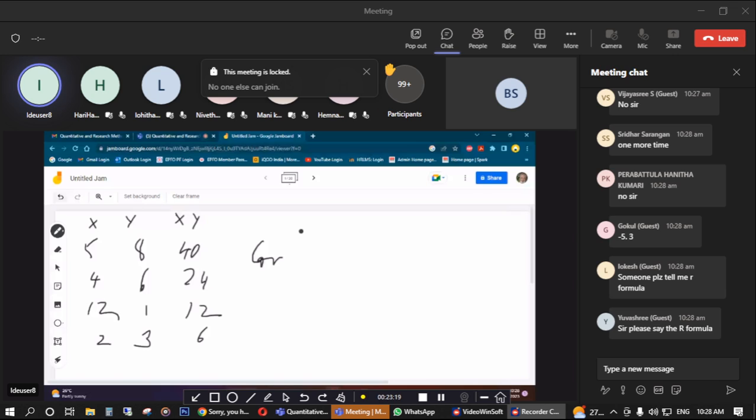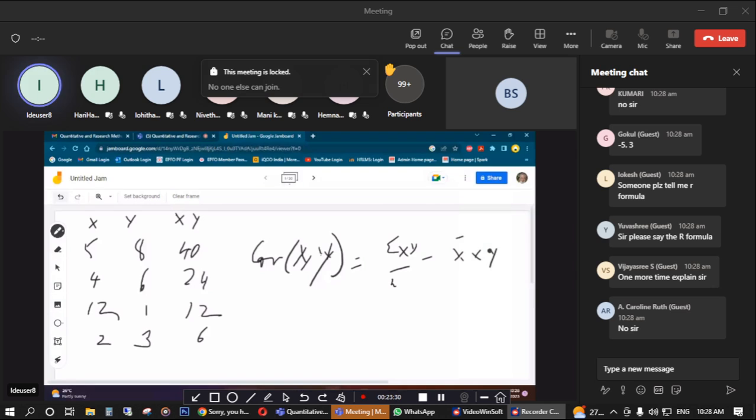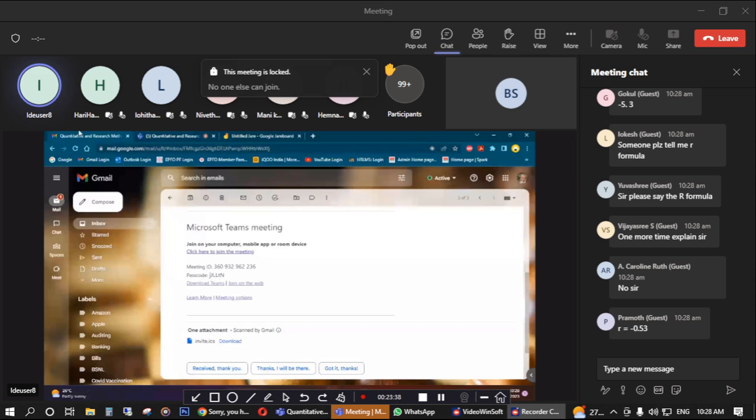So what's the formula for covariance of x comma y? Summation of xy divided by n minus x bar into y bar. Correct? Yes? Correct? Guys, correct?